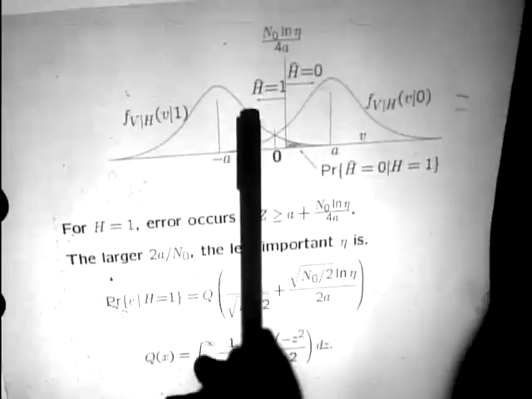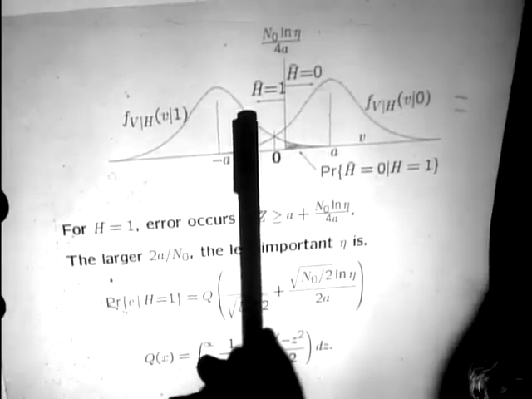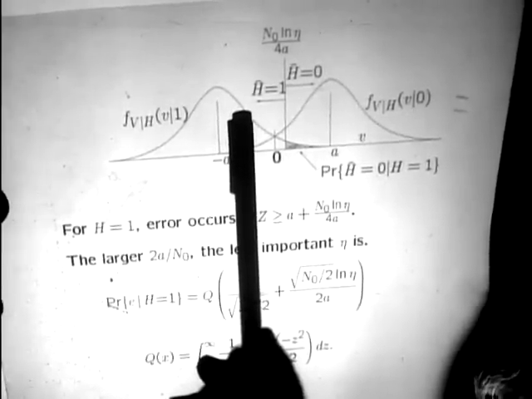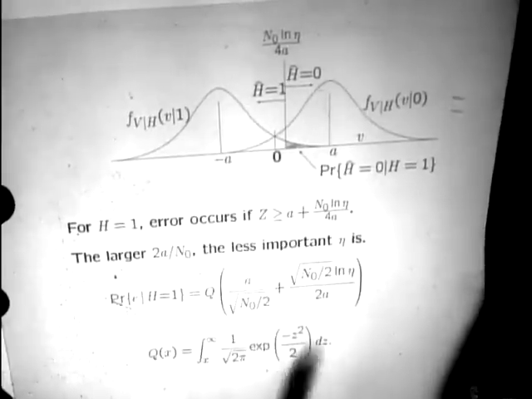One of them is this, one of them is that. You compare them, the ratio with the threshold, and you make your choice.